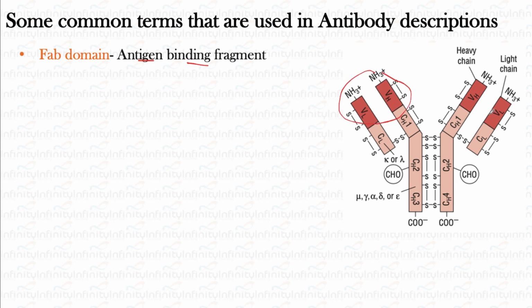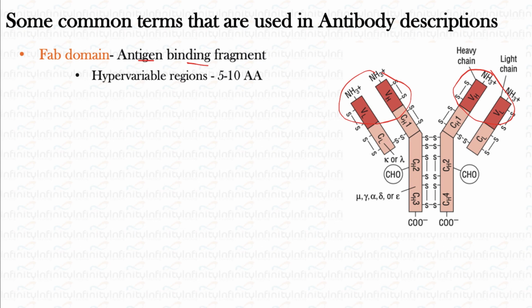This part of the antibody is known as the Fab domain or Fab fragment. This fragment directly attaches itself to the antigen. Now within the Fab domain as well, there is a region about 5 to 10 amino acids long known as the hypervariable region. This region is responsible for giving a high amount of specificity to a given antibody.